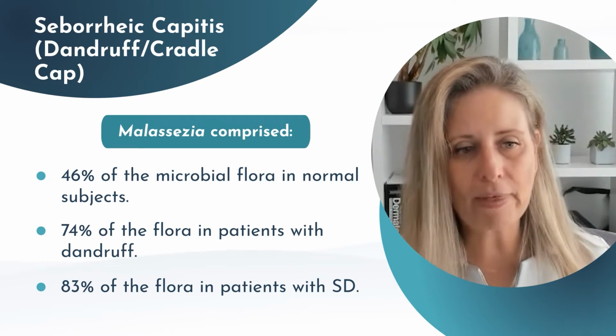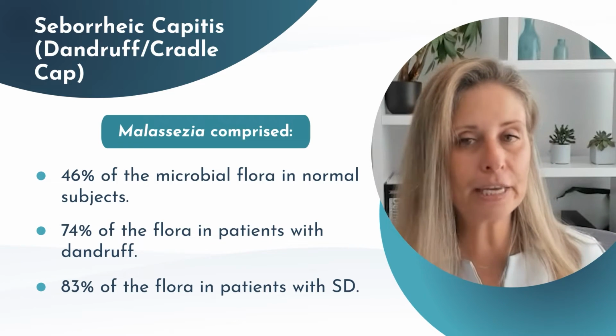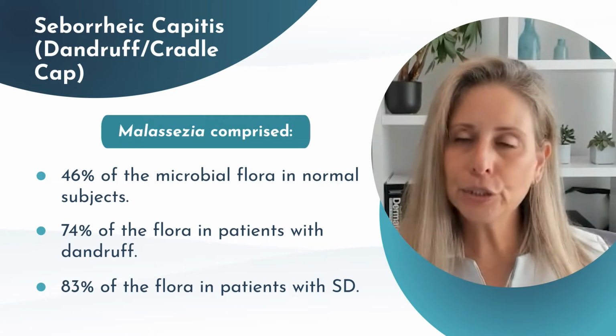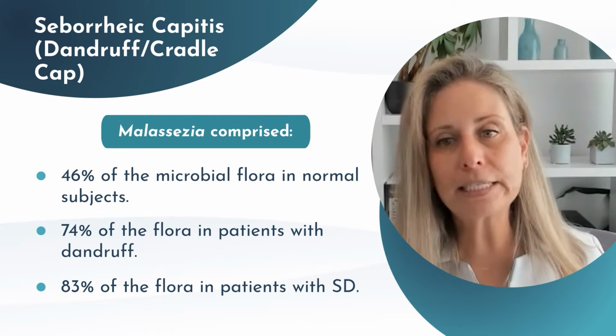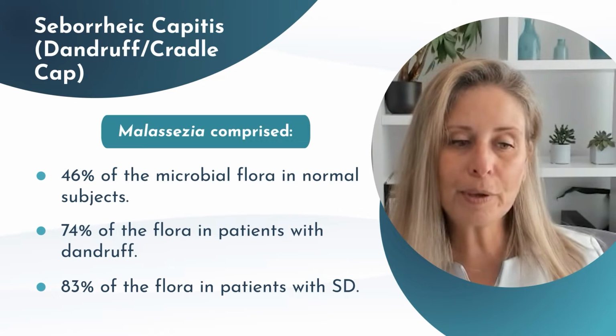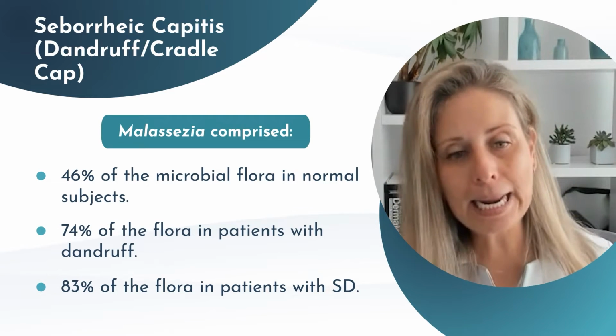Okay, that's normal, we said that. 74% of the flora in patients with dandruff was Malassezia. So we see this huge jump from 46% to 74% in those without dandruff and those that have it. And those patients with seb derm, it went up to 83%. So Malassezia has really taken over the microbial flora in patients with dandruff and seb derm.